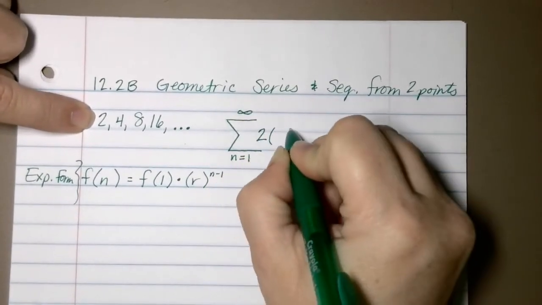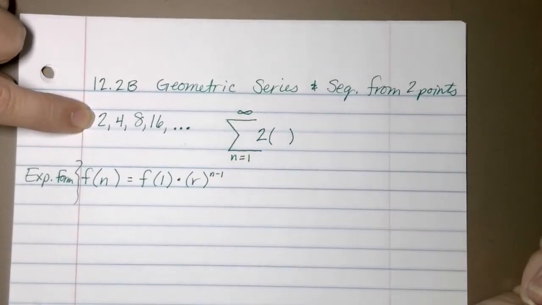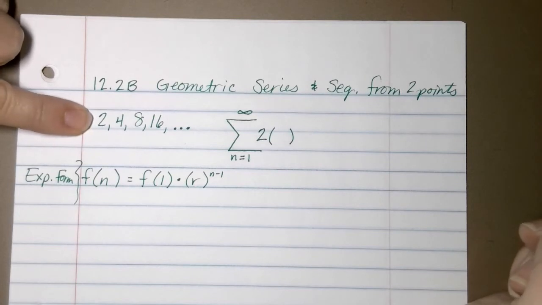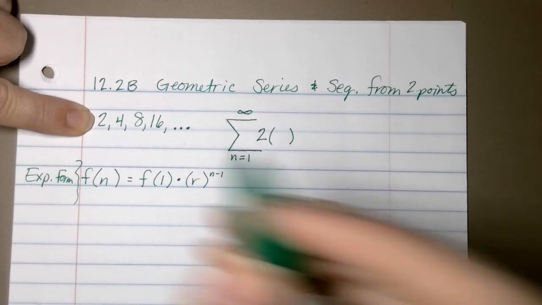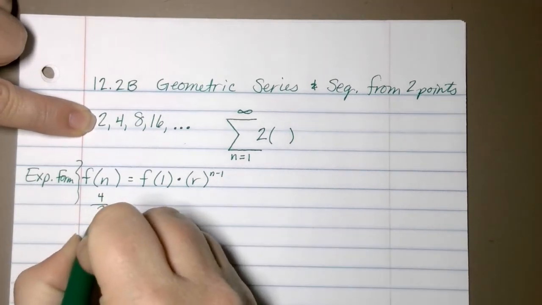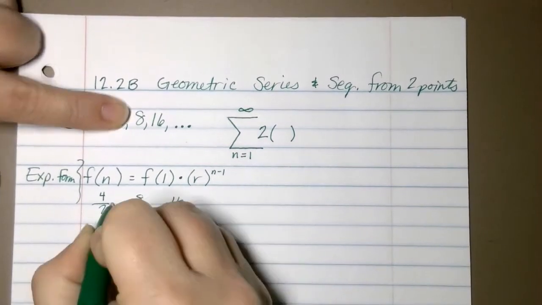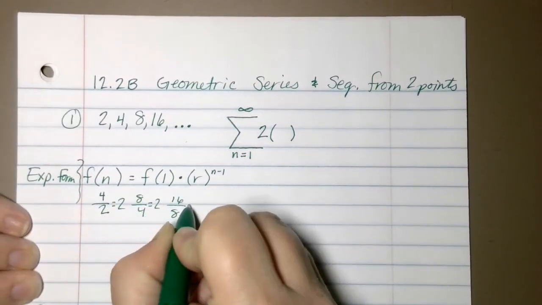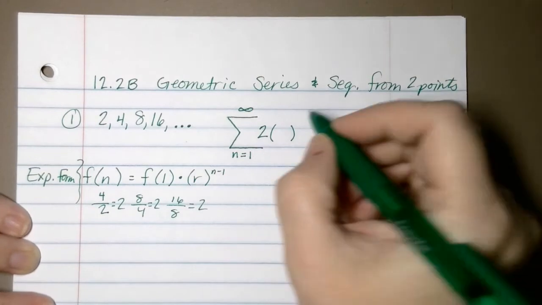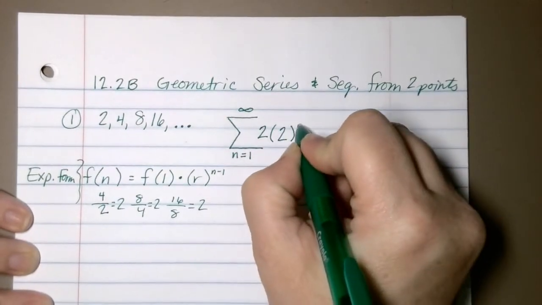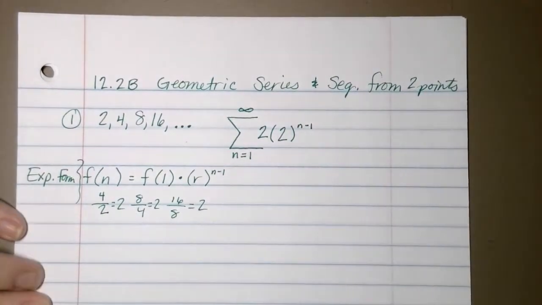What's my r value here? 2. We're multiplying by 2, right? How could I find that if it wasn't visually clear? 4 over 2, 8 over 4, 16 over 8, and all of these reduce to 2, which is how I get my r value of 2. So I put a 2 there, and I have n minus 1.